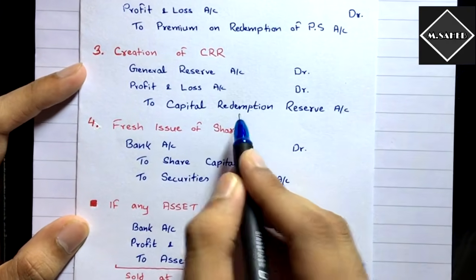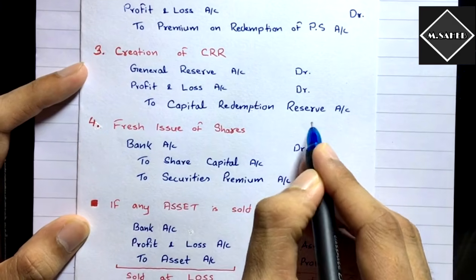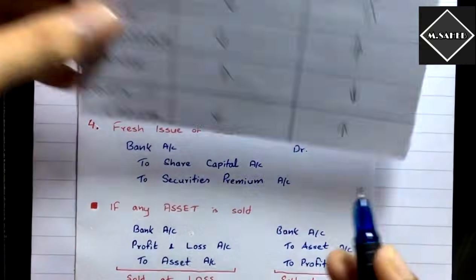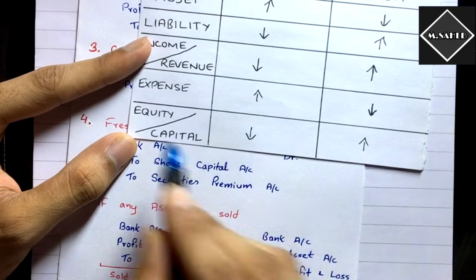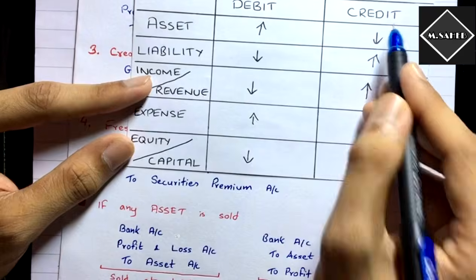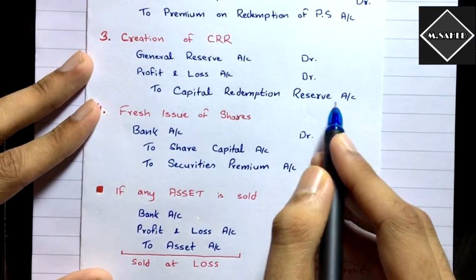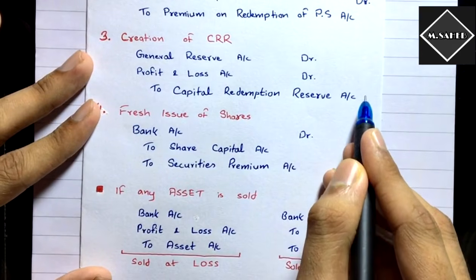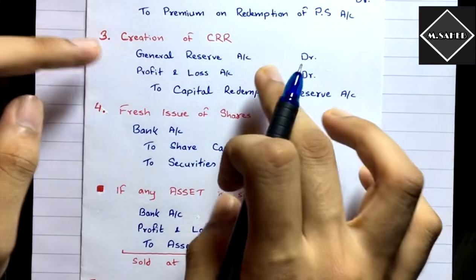Here you are creating a new reserve, the capital redemption reserve, so you are increasing the reserve and you have to credit that. Reserve is a shareholders' fund, so if it is increasing, you credit. So capital redemption reserve account will be credited because it is increasing and these are decreasing. That is creation of CRR.